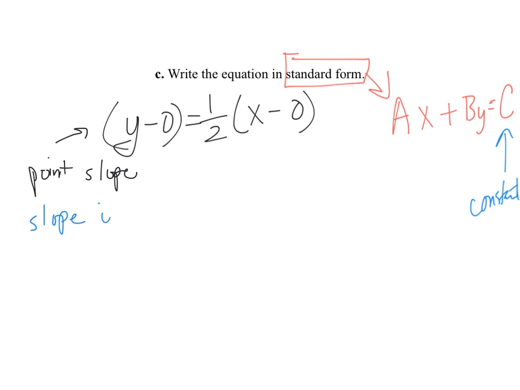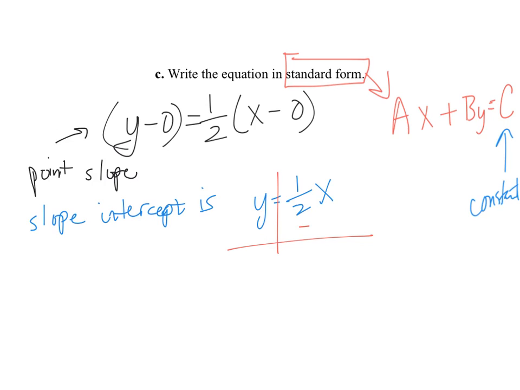I also have slope-intercept form, which is y equals 1/2 x. I want to write either one of these forms in standard form. I need the ax and the by on the same side, away from the c, or the constant.